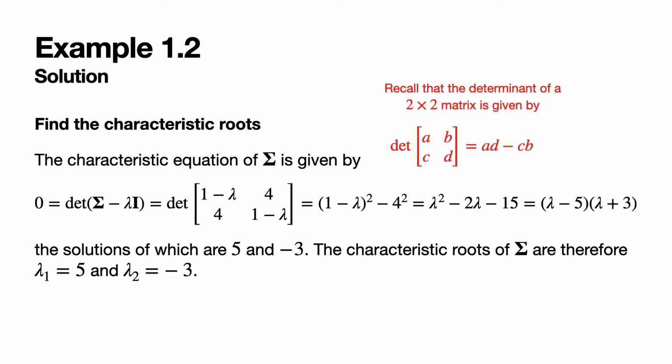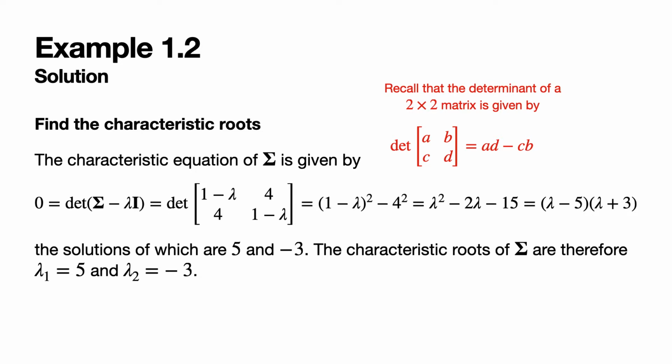So we need to take the determinant of that 2 by 2 matrix. Now you'll recall that the determinant of a 2 by 2 matrix is given as shown here. If we have a 2 by 2 matrix, the entries of which are denoted by A and B in the first row and C and D in the second row, then the determinant of that 2 by 2 matrix is equal to A times D minus C times B. That is, it's the product of the entries on the main diagonal minus the product of the entries off the diagonal.